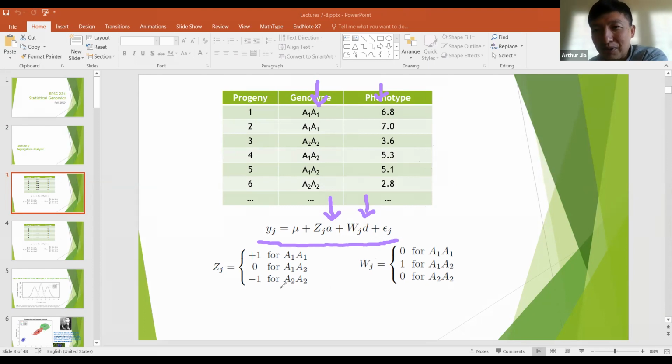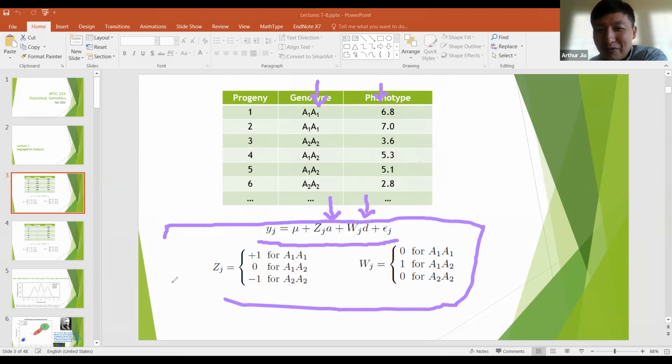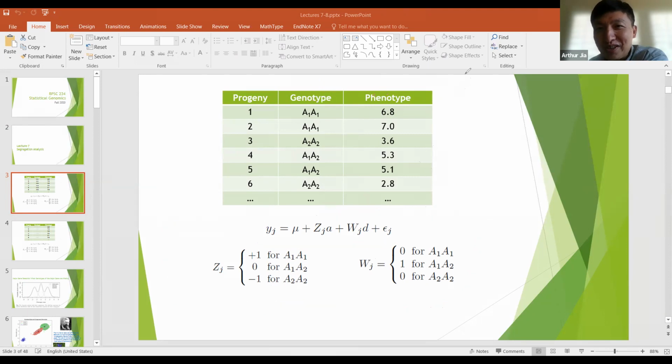This is what we have learned. It's easy for us now. We're experts now. But in this chapter, more challenging things come. How about if we do not have the genotype data here? We just observe phenotype data. Can we still test if this population has some single gene effect for this phenotypic variation?